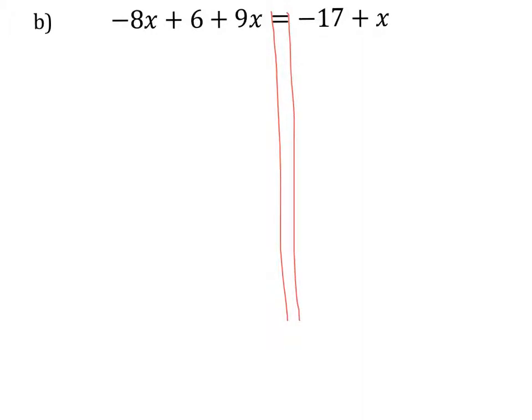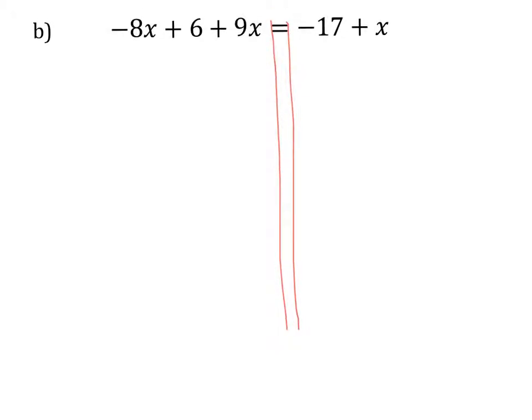I have to begin the same way I did last time by taking a look at each side of my equal sign. If I look on the left side, there are no parentheses, and there are no parentheses on the right either. On the left, I'm going to start shaping, putting ovals around my x numbers and rectangles around my plain numbers.